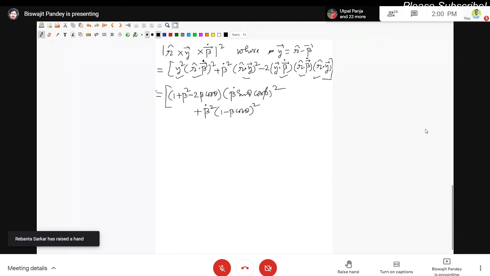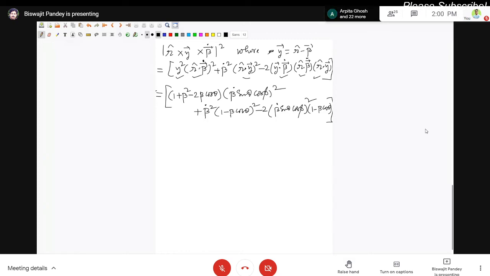And then we have these three terms, two of which are exactly identical, which will give us minus 2 into beta dot sine theta cos phi. Both of them are the same, right? This one and this one, so this will be squared, and then 1 minus beta cos theta, r cap dot y, this one.